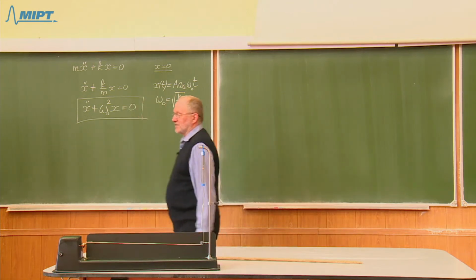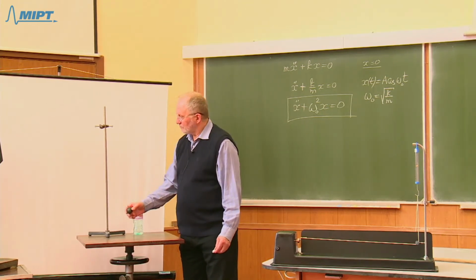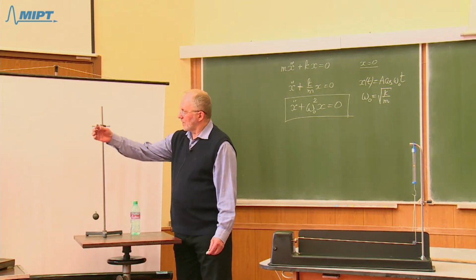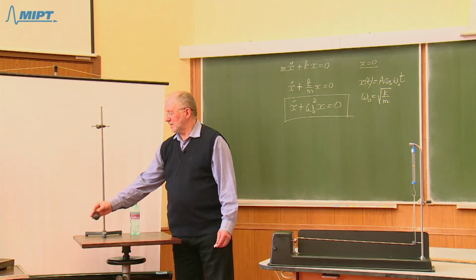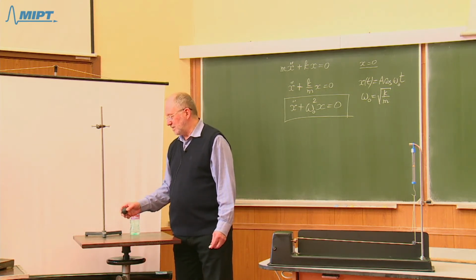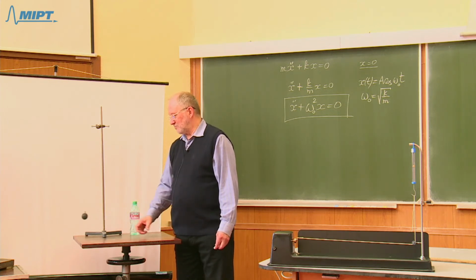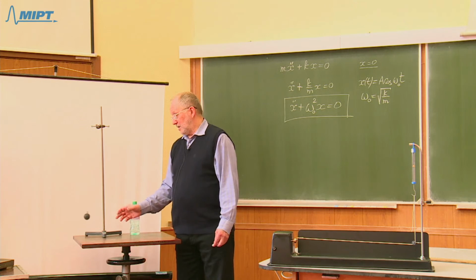Now let's consider this case of a small body hanging on a thread. Such a pendulum is called an ideal pendulum. Sometimes people say this is a mathematical pendulum.